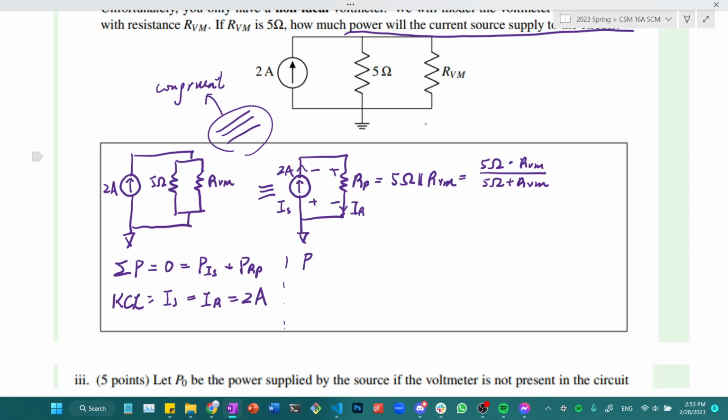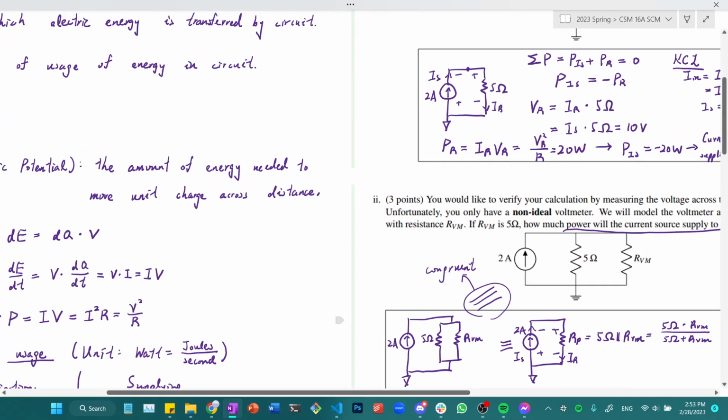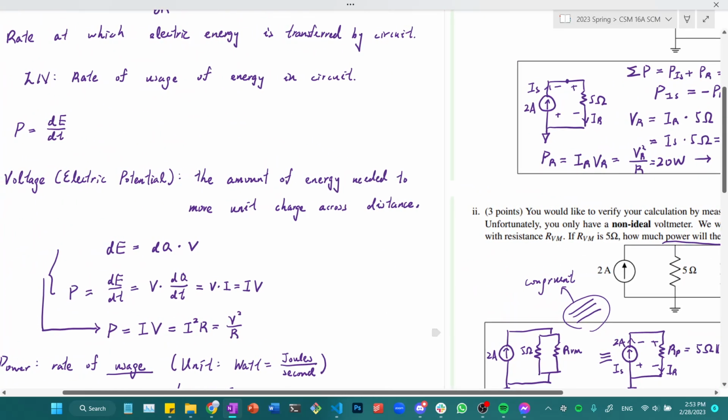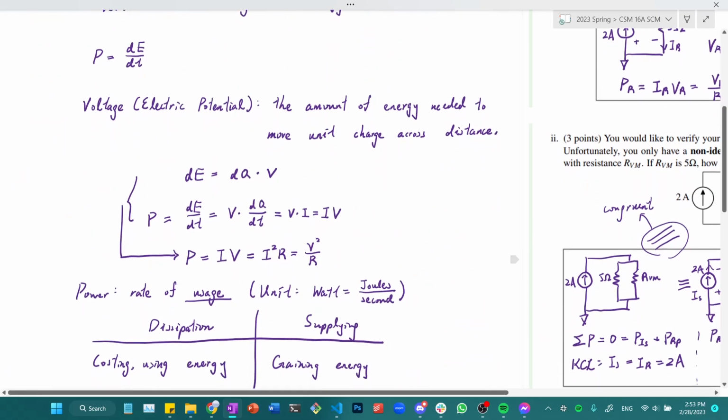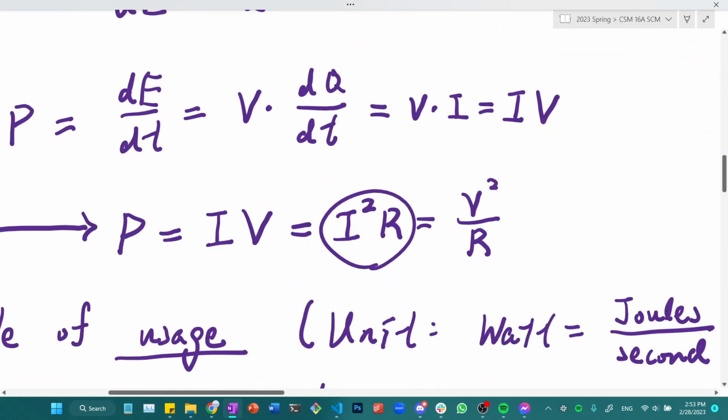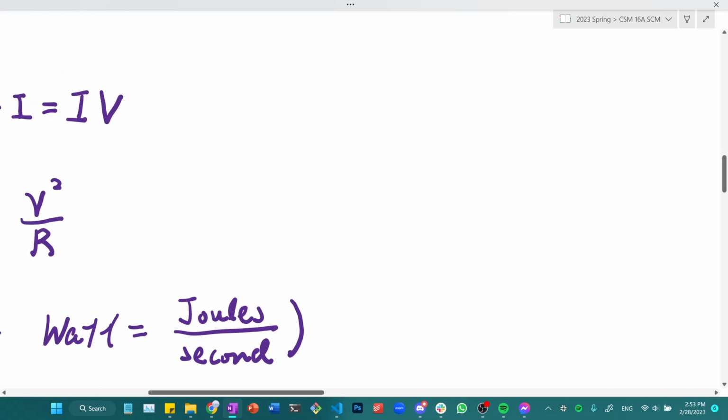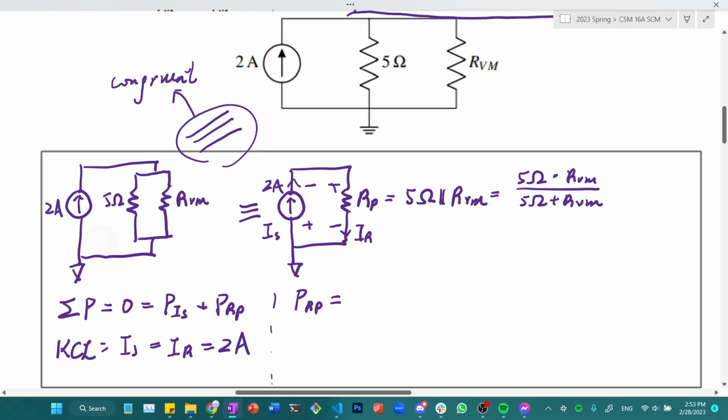So the power of the resistor is equal to, do I want to calculate the voltage across it again? Yeah, sure, that works out, but isn't there an easier way to just calculate the power without knowing the voltage? And that is called P is equal to I squared R. So I'm going to use P equals I squared R as my shortcut.